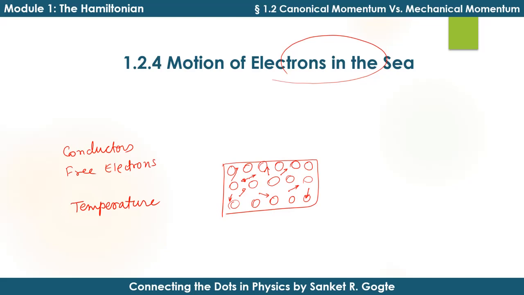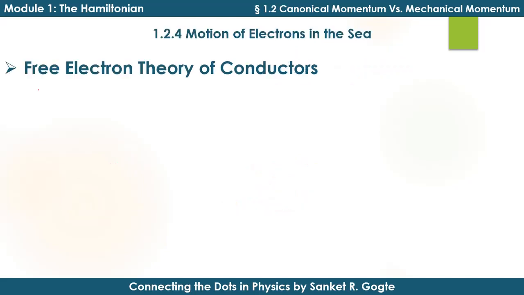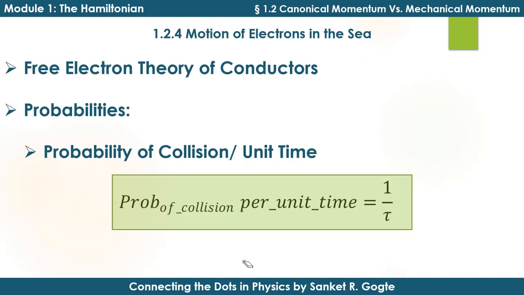So the whole situation is random, but yet from this randomness we can get a very nice ordered equation. Let's try to get it. Due to this complete randomness, a nice order emerges from the whole situation. The probability of any electron chosen at random undergoing a collision per unit time is the same. It is given by the relation 1 by tau, where tau is called the relaxation time, or sometimes the mean free time. What does this exactly mean?